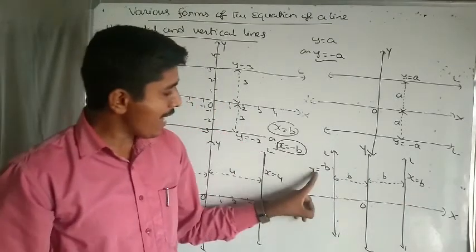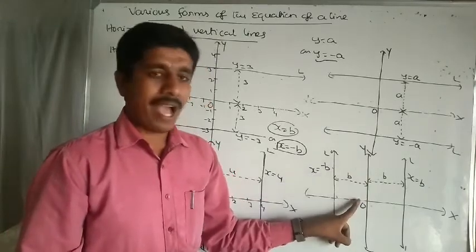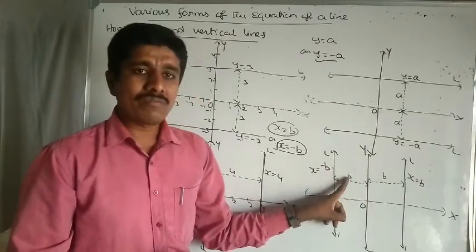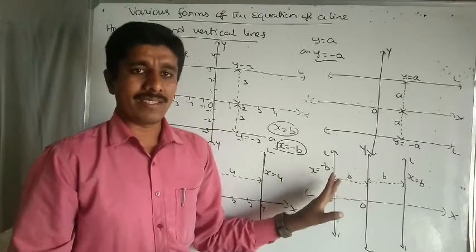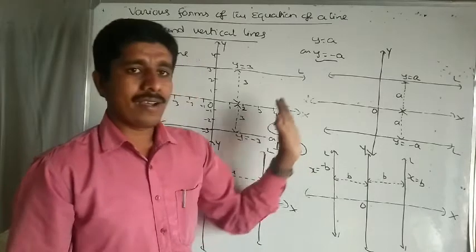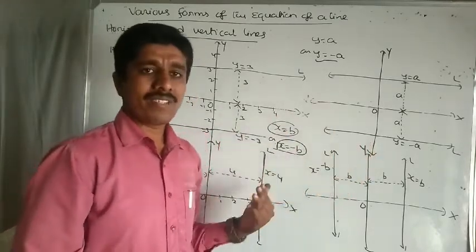Then x equal to minus B means this line lies on the left side of the y-axis, or left side of the origin, at a distance of B units from the y-axis. Mind it, very important: plus B means it lies on the right side, minus B means it lies on the left side.